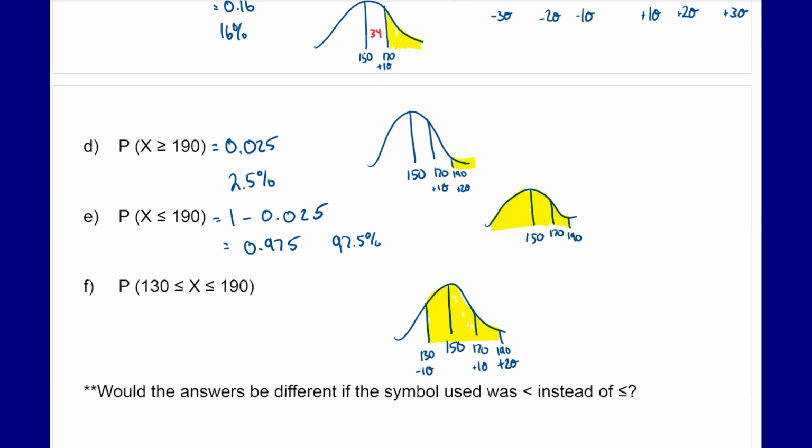Well, between these two, because the first two are 1 standard deviation away, I know right now it's going to be at least 64%, or sorry, 68%. And then I'm going to add my little section from 1 standard deviation to 2 standard deviations, or 0.125 or 12.5.